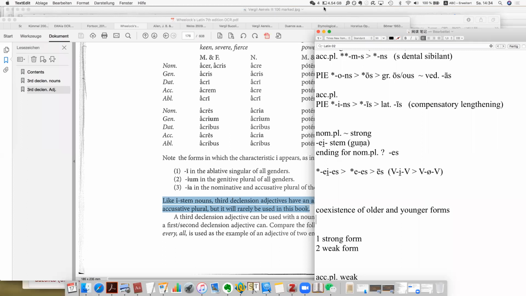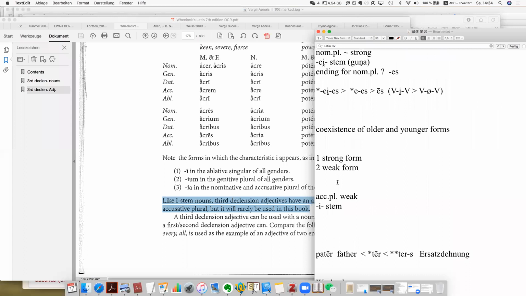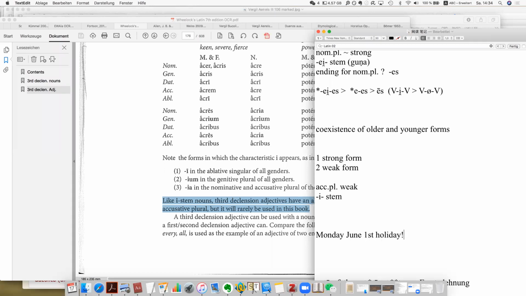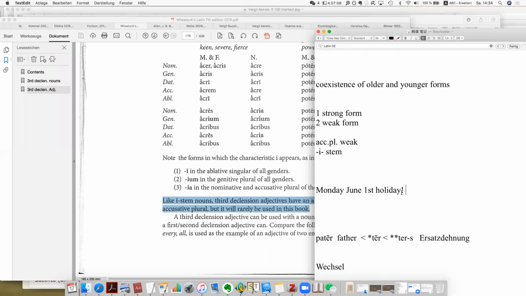Okay, so I put it here, highlighted. So Monday, June 1st, holiday. Okay, so there's no class. So see you on Tuesday, next Tuesday.